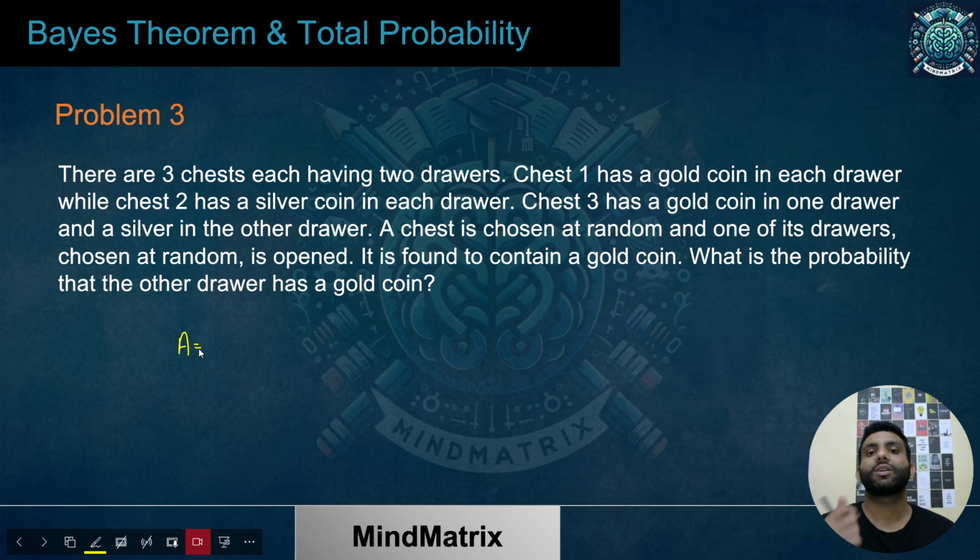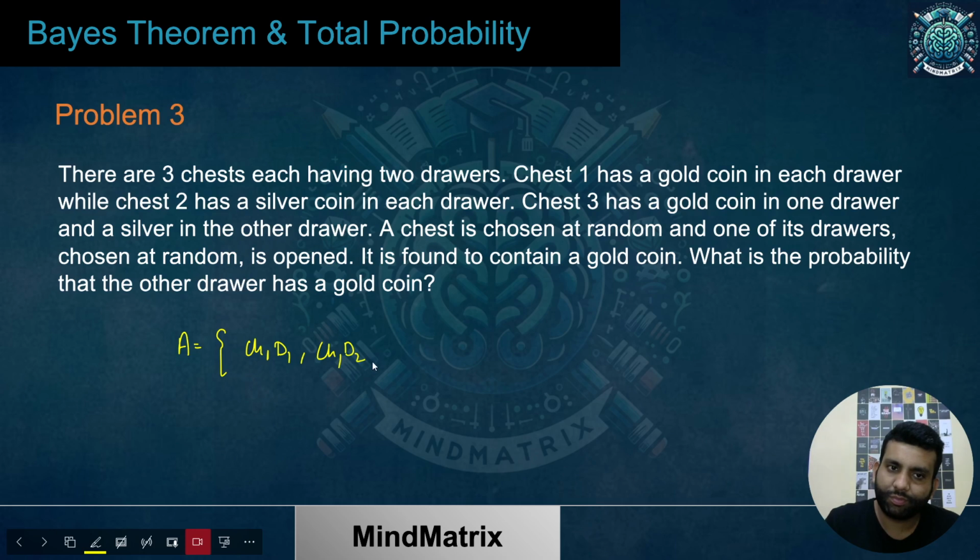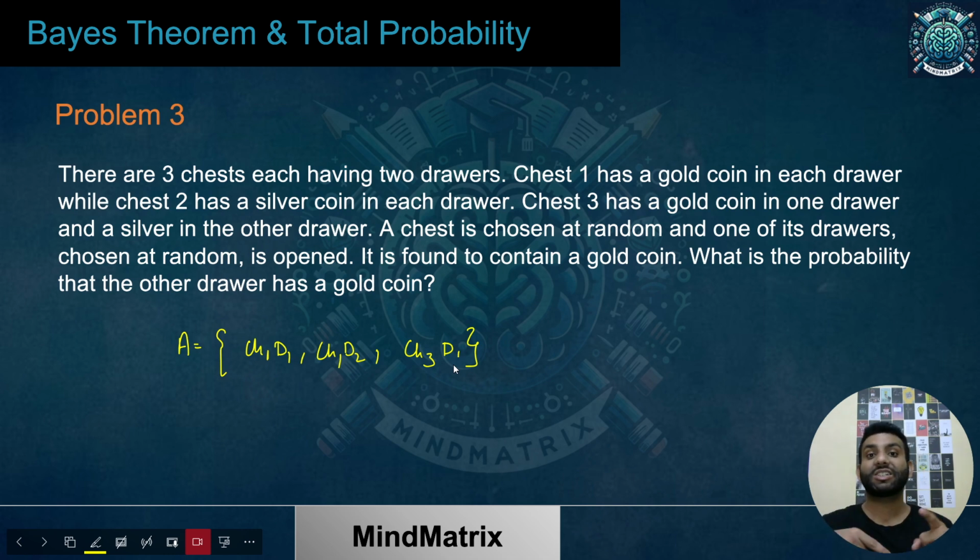You remember in chest 1, both gold coins were present, so this is A. Why have I not written chest 2? Because chest 2 had only silver coins in both. And chest 3 had a gold coin present in only one of the drawers.